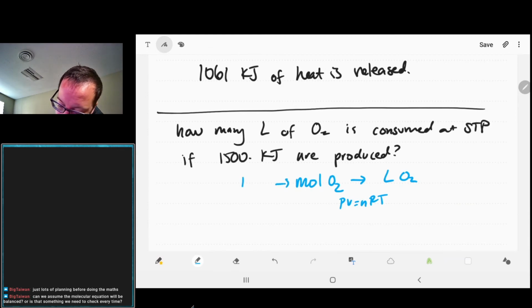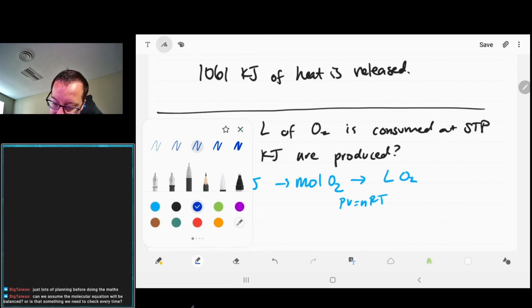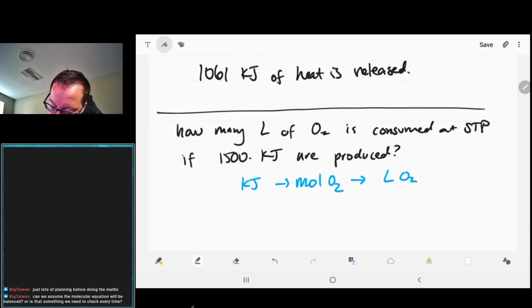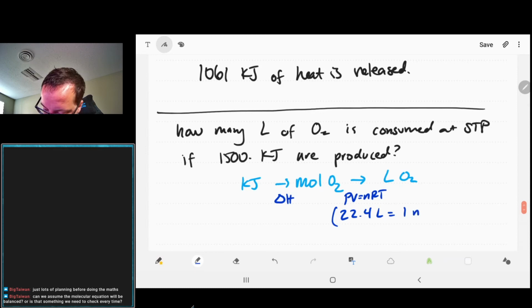We can go from kilojoules to moles by using delta H. Or we can use our STP shortcut here as well. We could just use that as our conversion factor. It's a little faster to do it that way. So let's just go ahead and do it.